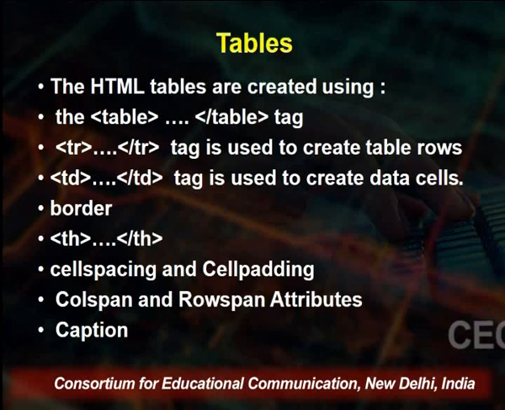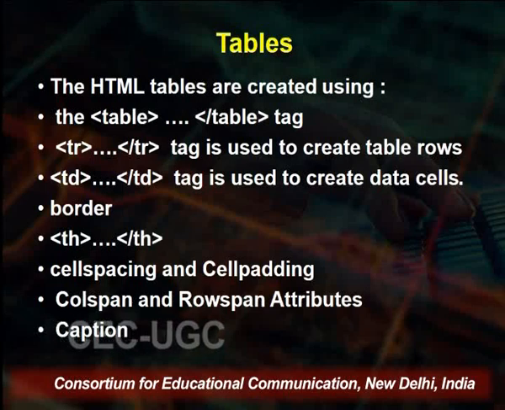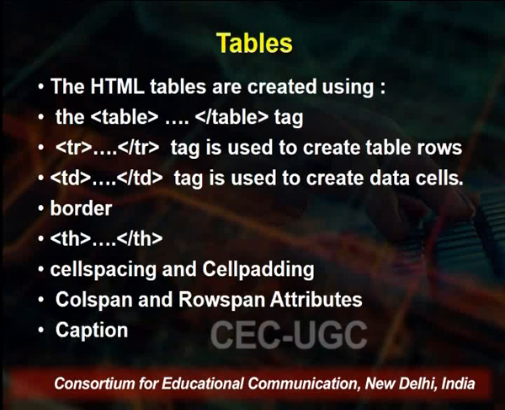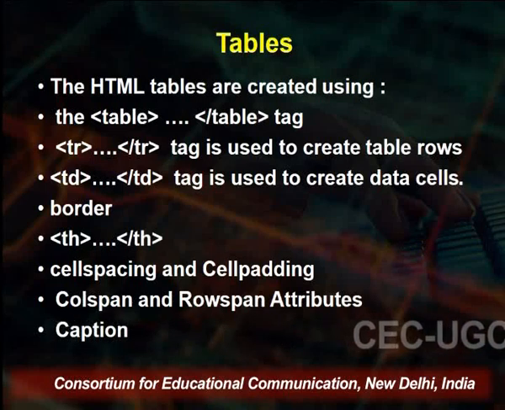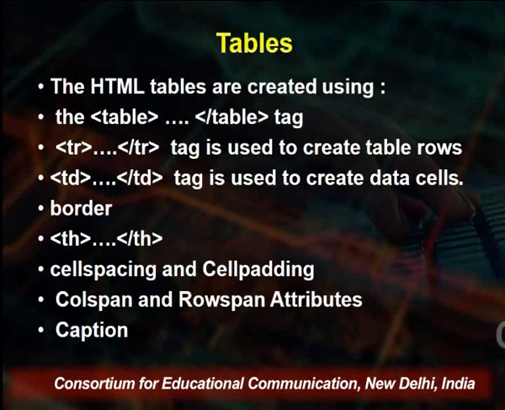Then we had also discussed that you can control the amount of space between two cells, and you can control the amount of space between the data of the cell and the margins around it. So where exactly the data will be placed within a cell. This can be done using two different attributes, that is cell spacing and cell padding.